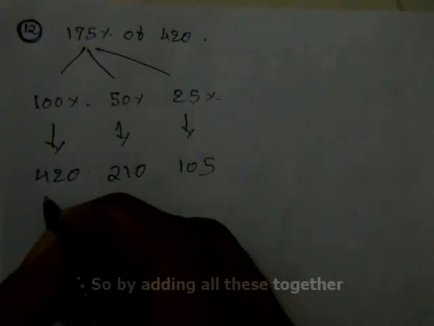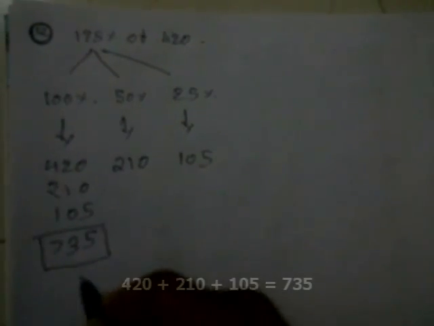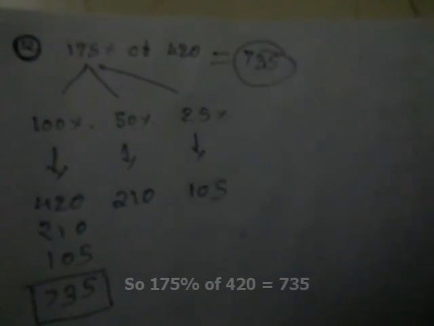Now 50% of 420 will become the half of 100%, and half of 420 will be 210. And 25% of 420 will be the half of 50%. So half of 210 will get 105. So by adding all this together, 420 plus 210 plus 105 will get 735. So 175% of 420 will be 735.